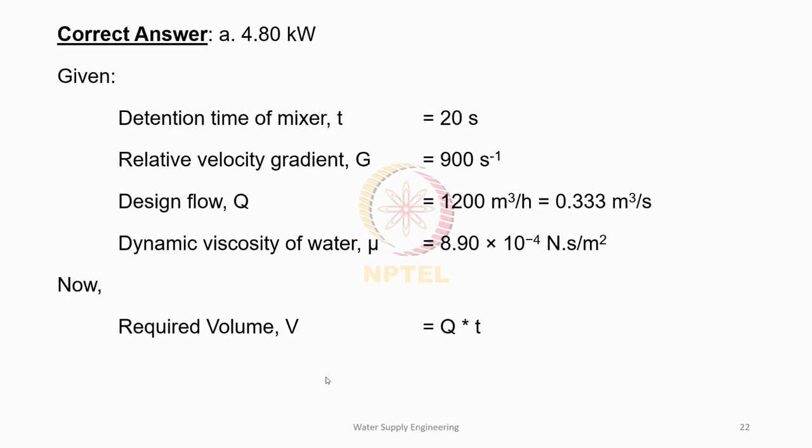So we know that the required volume is Q into T, that is 0.333 into 20, which is equal to 6.66 meter cube.